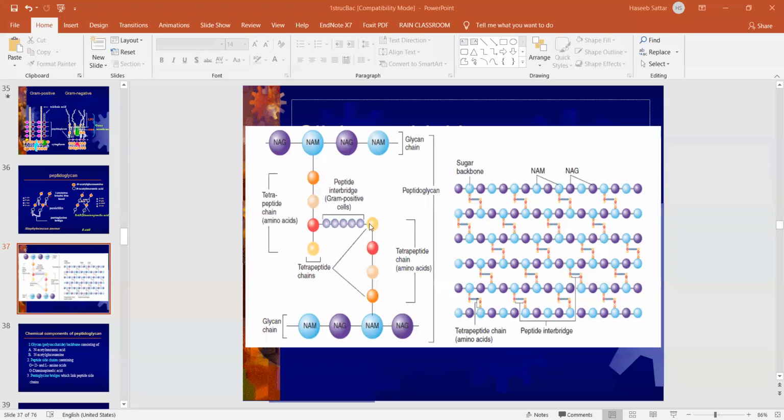This glycine bridge varies from species to species. Some species have 5 amino acids in this bridge, some species have 2, and some species have no bridge, no amino acid.